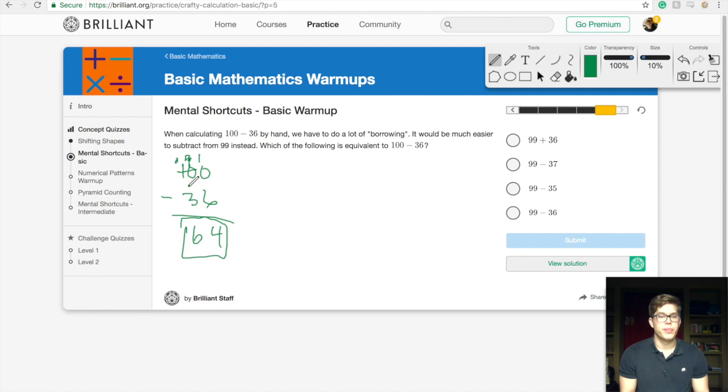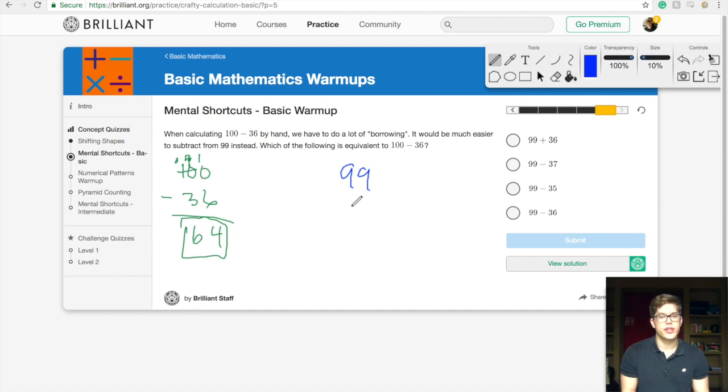However, borrowing is easy to mess up, I mean, you literally just saw me mess up in my borrowing, so it can be tricky, and making these silly mistakes is frustrating. So what are they suggesting? They're suggesting, instead of doing 100 minus 36, do 99. Nines, you're not going to be borrowing from them. And if we did 1 less here, then what should we do here?